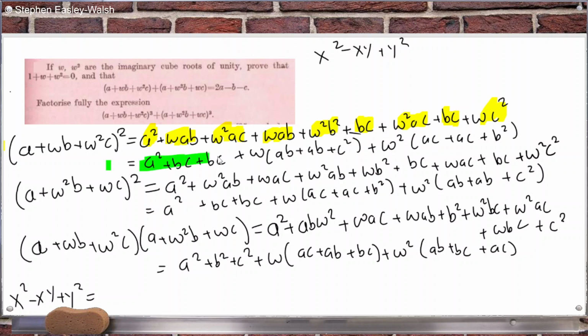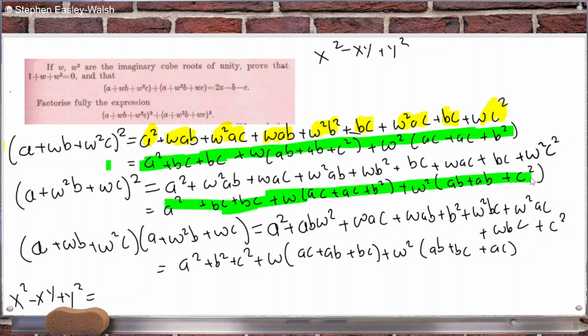So it's this one here plus this one here minus this one here. So let's see, a squared plus a squared minus a squared, that's a squared. bc plus bc plus bc plus bc, so that's 4bc.